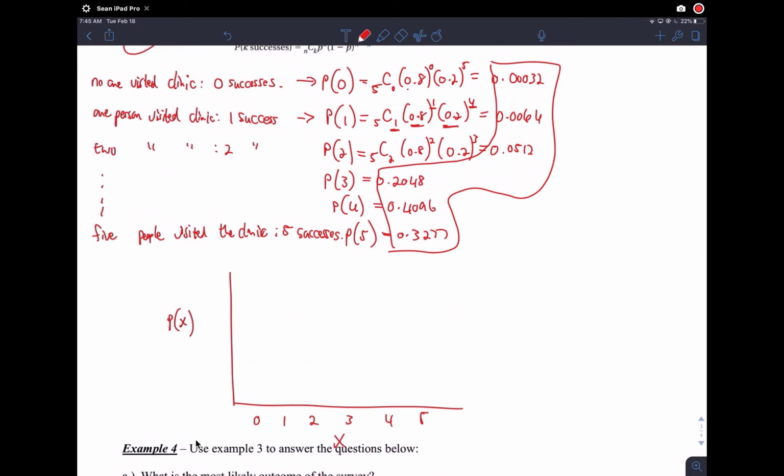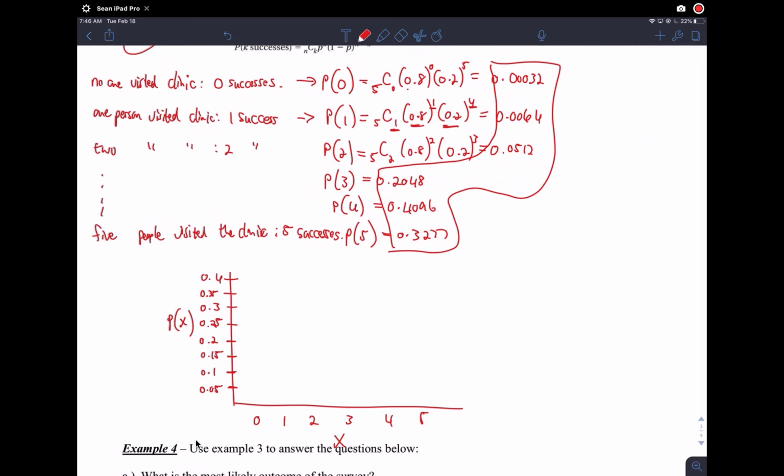Our biggest one is 0.4096, so we can make check marks at 0.05, 0.1, 0.15, 0.2, 0.25, 0.3, 0.35, and 0.4.